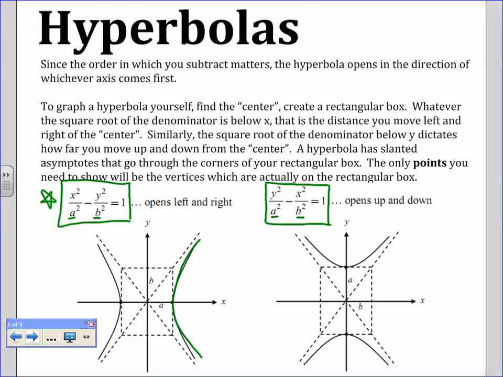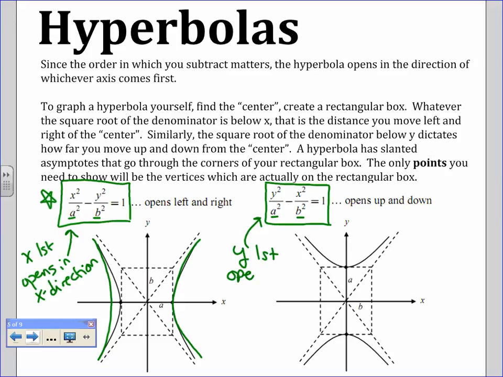Okay, so we're opening up in the x direction. If x comes first, it opens up in the x direction. X first opens in the x direction. Right, in the x direction meaning left and right. Okay, if the y comes first, right, our y is positive, then it opens in the y direction.